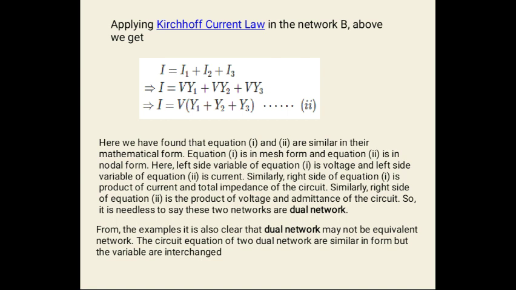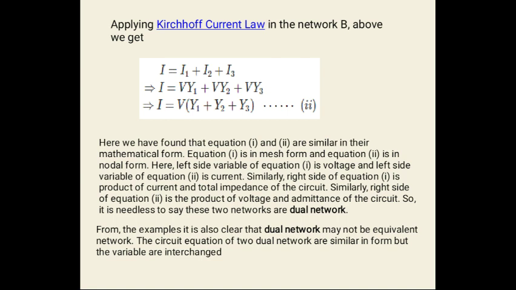So simplifying the equation, I is equal to V times (Y1 plus Y2 plus Y3). Equation number 2. We know that voltage across parallel branches remains the same.